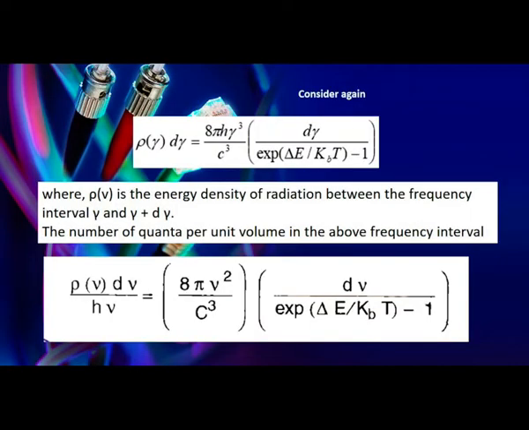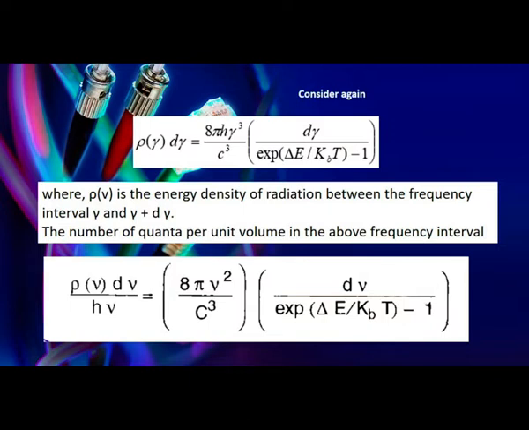Now, consider this particular equation. You are all very familiar with this one. This is the very famous Nobel Prize winning equation, Planck's law of energy density in black body radiation.